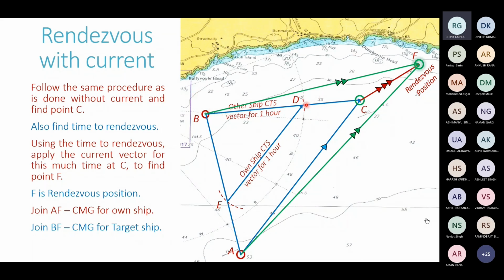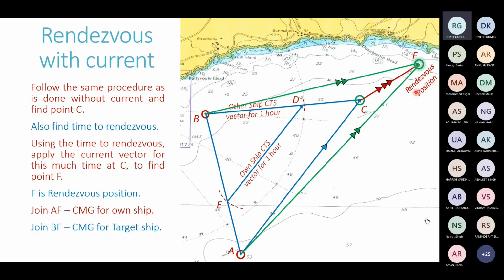If you remember, Bravo Delta was the course steered by the target ship, and this is extended up to point C. So Bravo to Charlie is the course to steer vector for this duration of 3 hours. Charlie to Foxtrot is the current vector for the same duration. And Bravo to Foxtrot, the green vector you see, is the course made good vector of the target ship. So you obtain the rendezvous position.